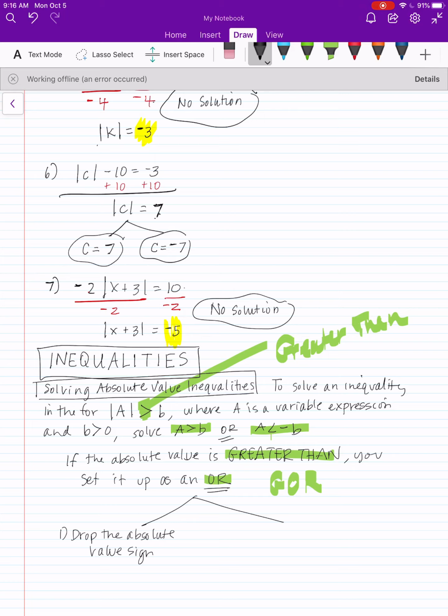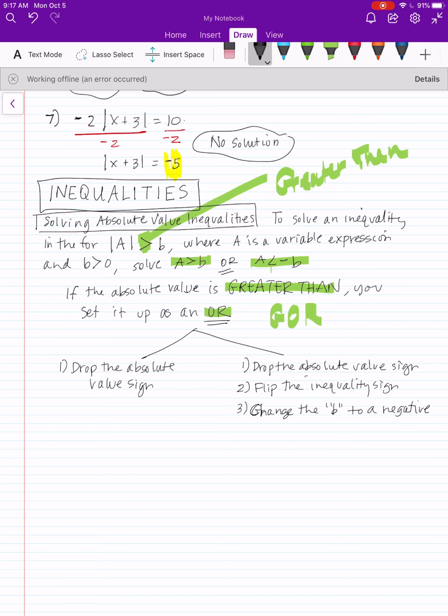The second one you set up, you drop the absolute value sign, you flip the inequality sign, and you change the B to a negative. Those are the two different ways to set it up. So let's try a problem and see what I'm referring to.